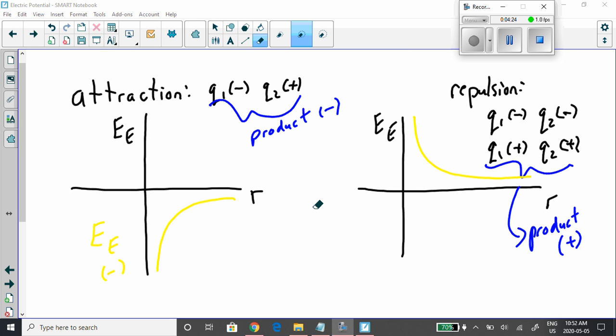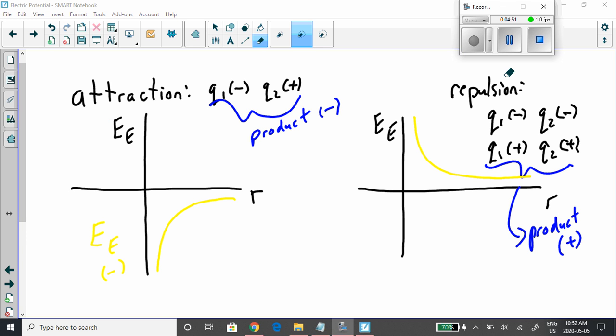In order to emphasize what I just finished talking about, let's graph electric potential energy versus r, how far apart two charged particles are. When one of them is a negative particle and the other a positive particle, we have attraction, and the electric potential energy looks like this. Very similar to the graph for gravitational potential energy because it's attraction in both cases.